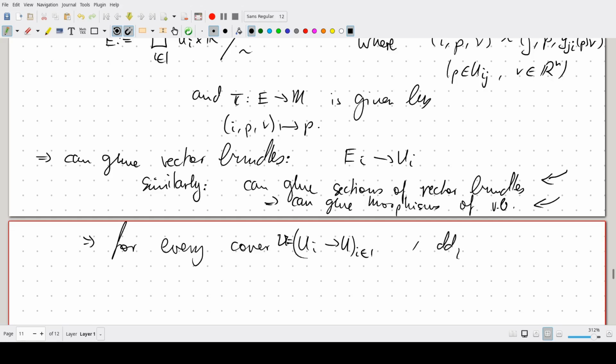The descent data functor is an equivalence of categories, implying that Vect is a stack.